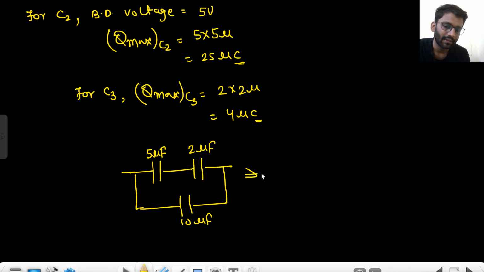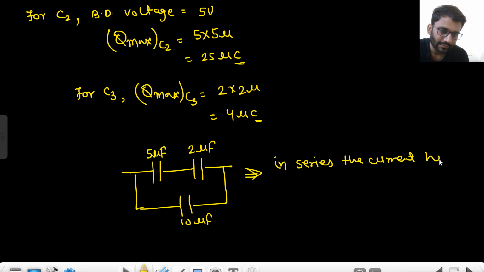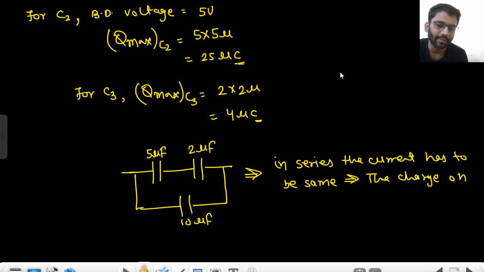What is that? In series, the current has to be the same, right? That means the charge on the capacitor has to be the same, right? Because I equals dq by dt.